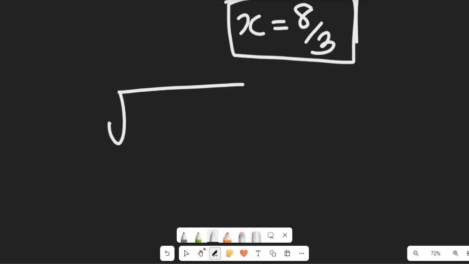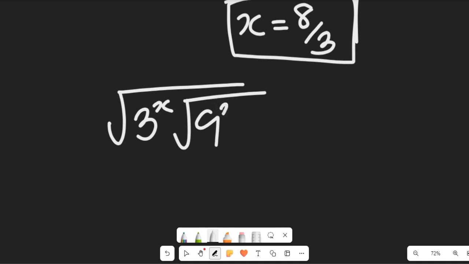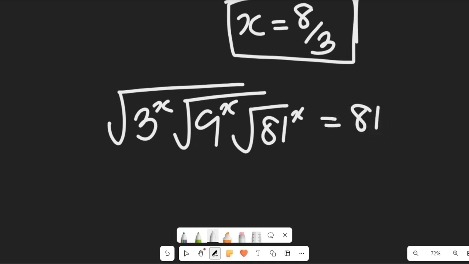Remember, we have the value of 3 to the power of x multiplied by the square root of 9 to the power of x, multiplied by the square root of 81 to the power of x. All this is equal to 81, right? So we're going to use the principle of square.